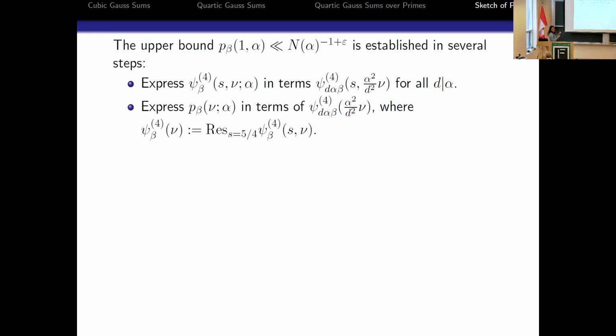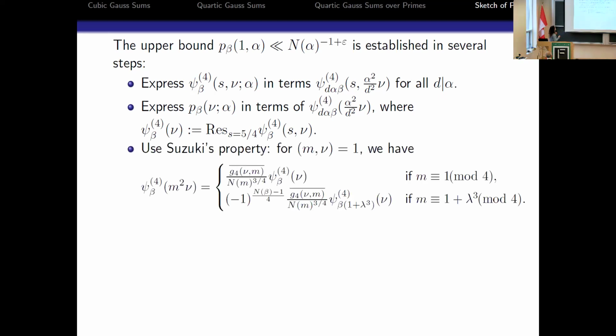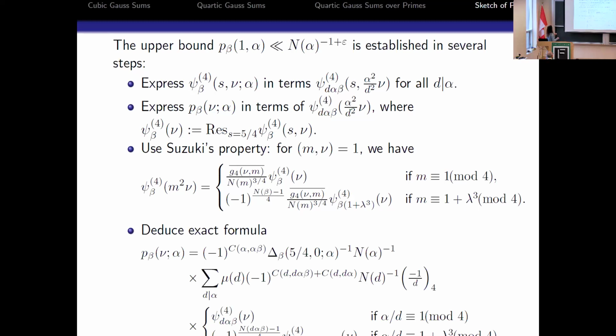It turns out that Suzuki has a closed form evaluation of the residues of these Dirichlet series in this specific case that appears in our computations. Just working with Suzuki's exact formula for the residues, we were able to get that bound of 1 over the norm of alpha that we used in the previous slide.